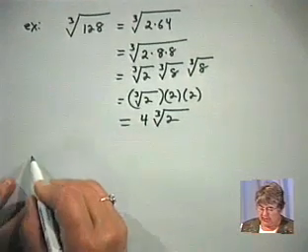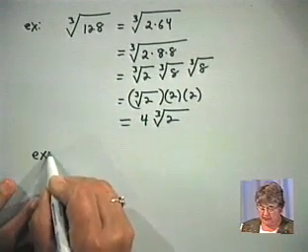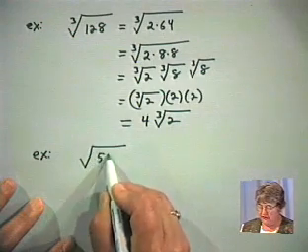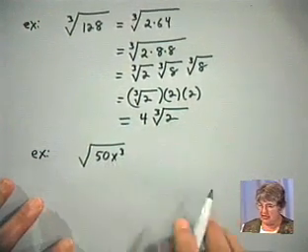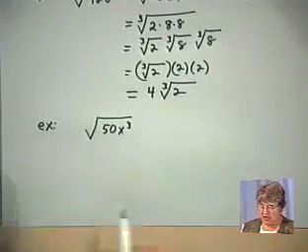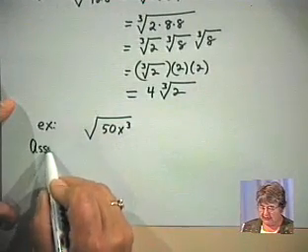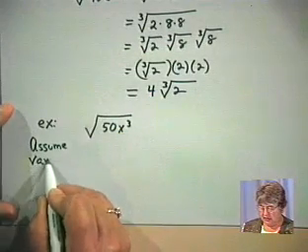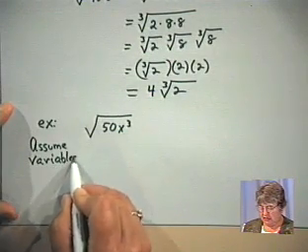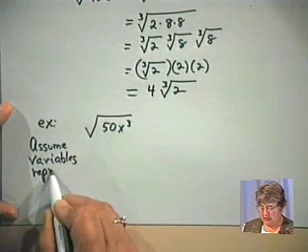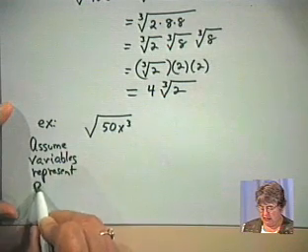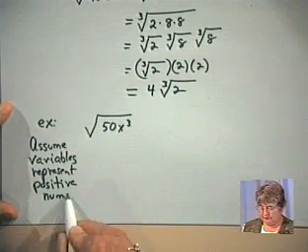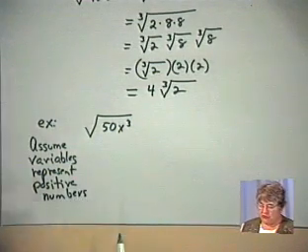Now, let's consider what happens when we're working with variables. And so here we have an example of the square root of 50 times x cubed. Assume that the variables represent positive numbers. Okay?